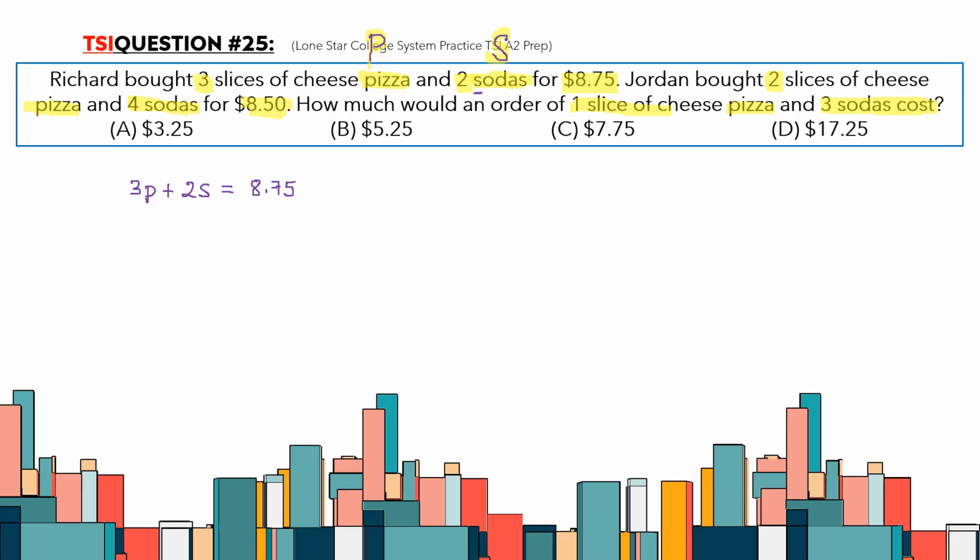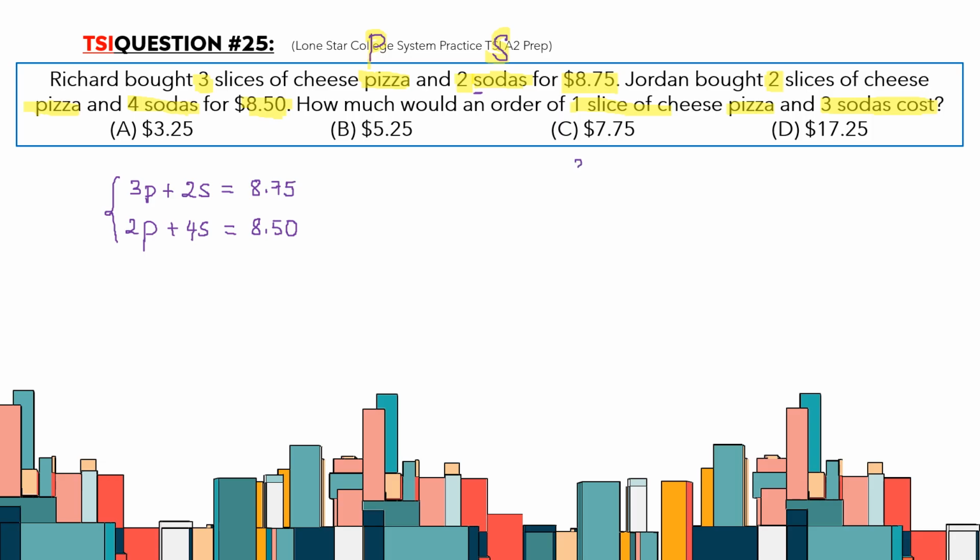So the first sentence gives us the first equation. The second equation is 2 slices of pizza, 2P, added with 4 sodas, that is $8.50. So this is our system of equations: 2 equations, 2 unknowns, P and S.